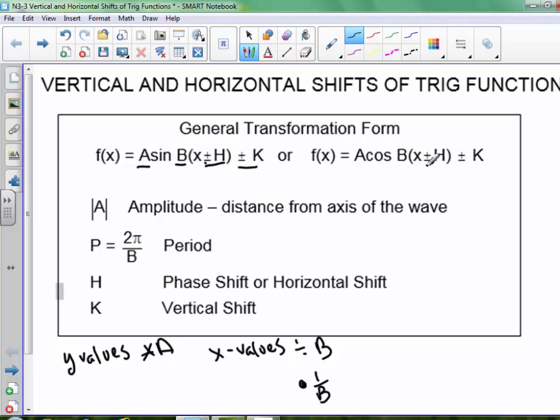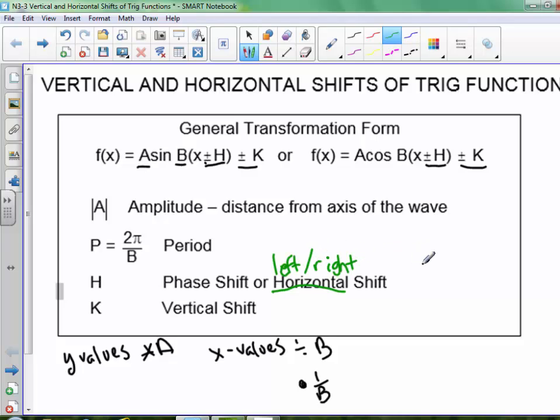All right, so we're adding into this mix H and K. Hopefully your brains are clicking over, hey, I've seen H and K before, because that's the transformation notation we used back in Algebra 2. If you'll recall, H, when we made changes to X, was the horizontal, our left or right movement.